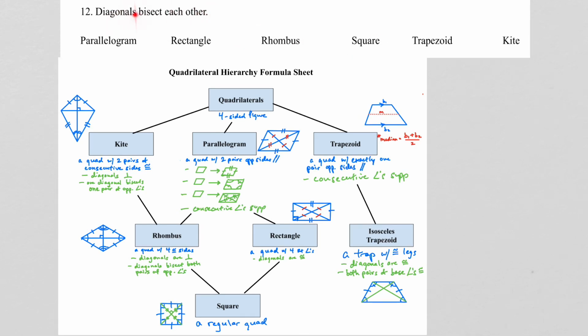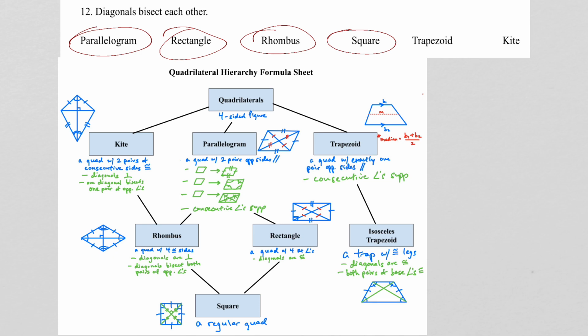Okay, diagonals bisect each other. Let's go through this one at a time. For a parallelogram, this and this and this and this are the same. So these diagonals bisect each other. So that's true. If we know it's true for a parallelogram, we know it's true for a rectangle, we know it's true for a rhombus, and we know it's true for a square. So I can just select those without thinking too much about it.